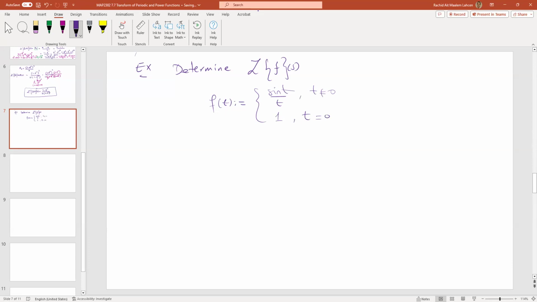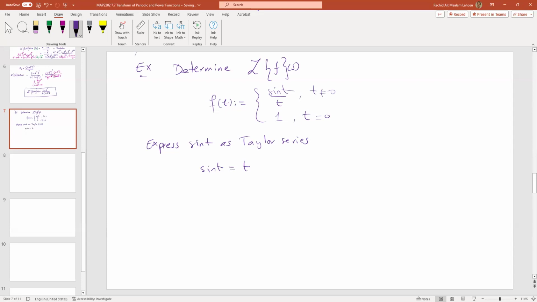Okay, so I think here you're going to say, how do I do this? But you've seen in calculus before that you can express the sine function as a Taylor series. Express sine of t as a Taylor series, which gives you sine of t.